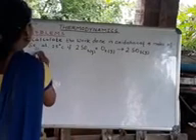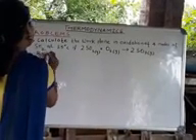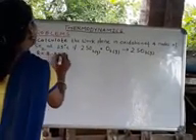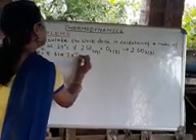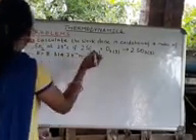R value is given: 8.314 joule K inverse and mole inverse.